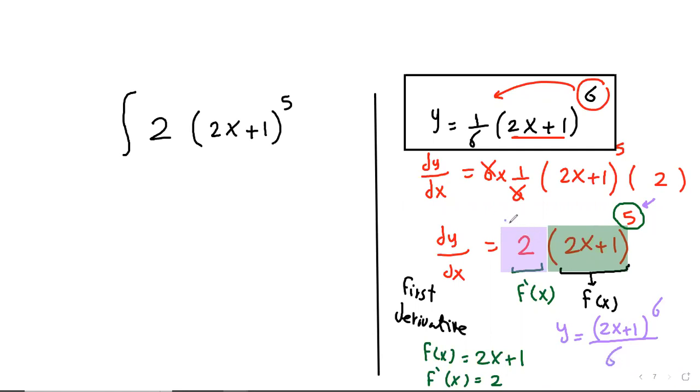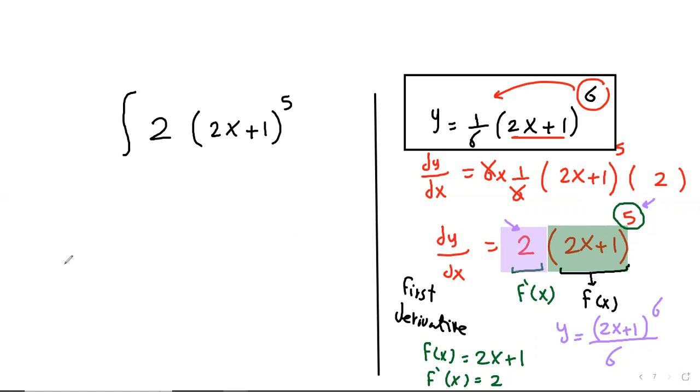And here 2, just 2 is the first derivative of this function, and don't care about it. We have here the original function f of x, and 2 is the first derivative of this function, the differentiation of f of x. So what is the rule here in this case? Add 1 to the power.